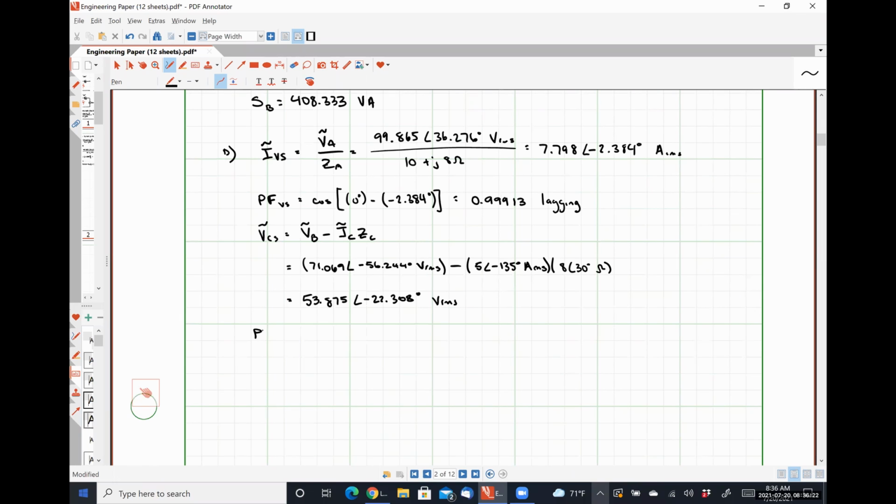And so from this, the power factor at which our current source is supplying power is going to be cosine of negative 22.308 degrees minus the current flowing through the current source. The negative polarity terminal has an angle of positive 45 degrees, if I'm not mistaken.